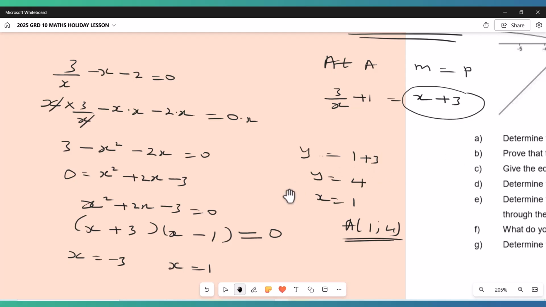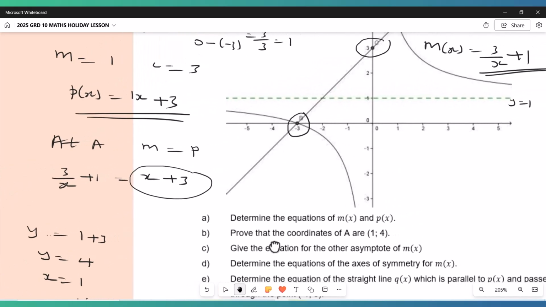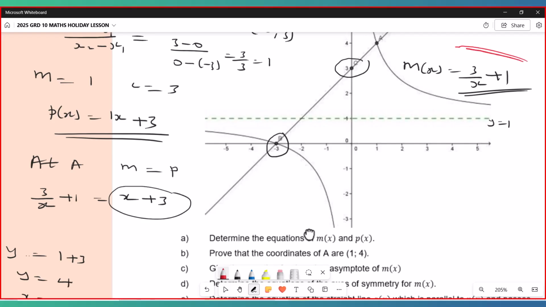It's because the 3 over x plus 1 is my hyperbola. You see from here, this one is the hyperbola, given by m of x equals 3 over x plus 1 altogether.